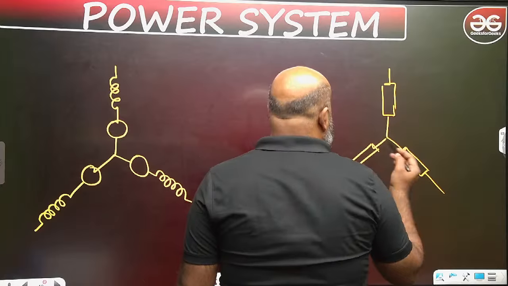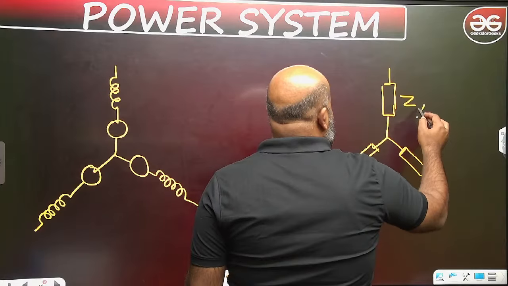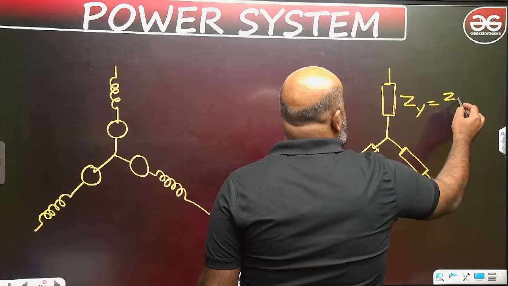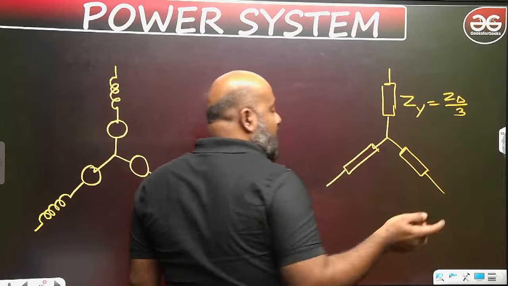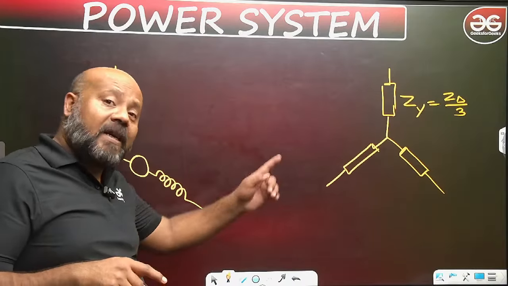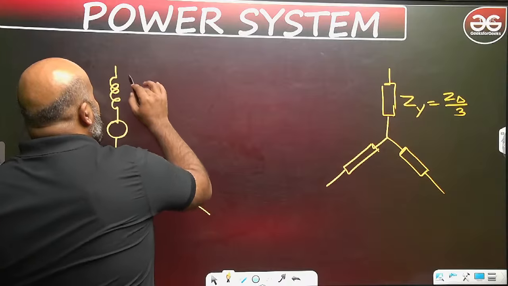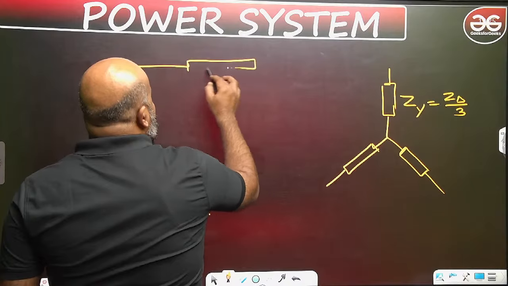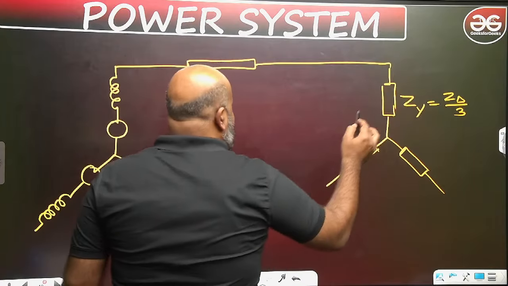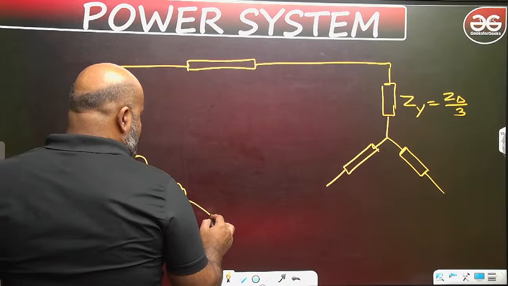And if it is a star connected load, its impedance becomes what? 1/3 of the per phase impedance in case of delta. 1/3 in case of delta. Okay. I hope you are getting this. Now this circuit becomes easy for you to deal with.